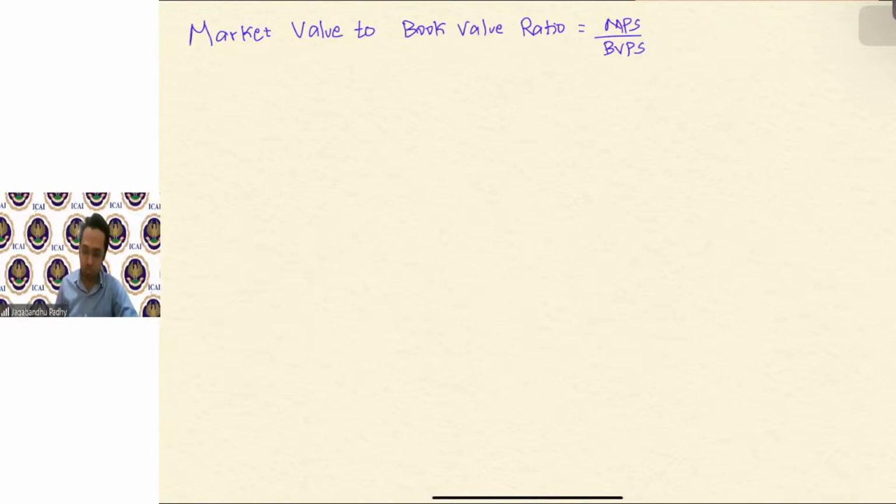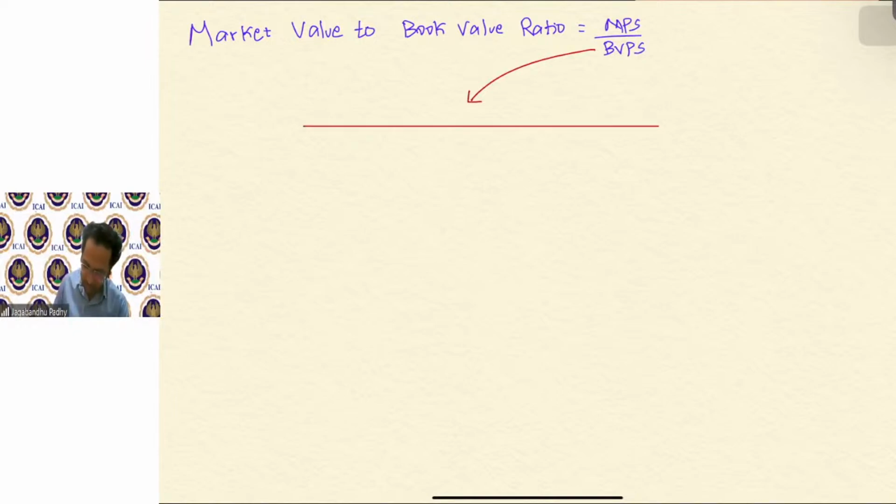Now, how do we get this book value per share number? Market price is what we observe in the market, right? Now, how do we get this book value per share? What do we mean by book value per share? Let me take an example as a balance sheet. Take a clue from the balance sheet. Let's say a company has got assets, and I'm talking of the real assets.